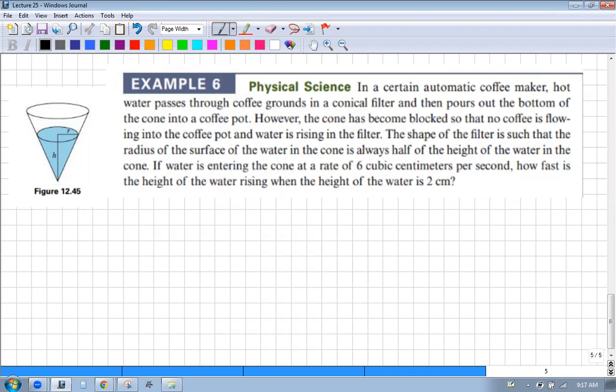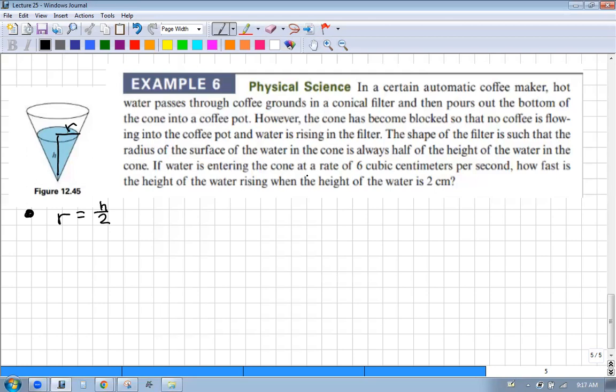The shape of the filter is such that the radius of the surface of the water, so it's right here, r, is always half the height of the water in the cone. So here's the height. So they're saying the radius is always 1/2 the height. Let's put h over 2 here. Okay, so that's a given.